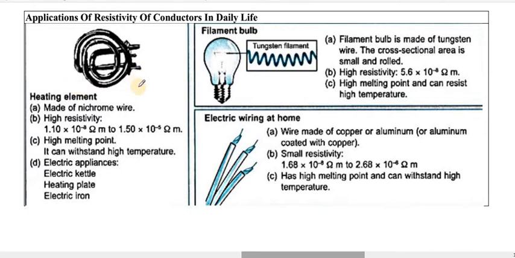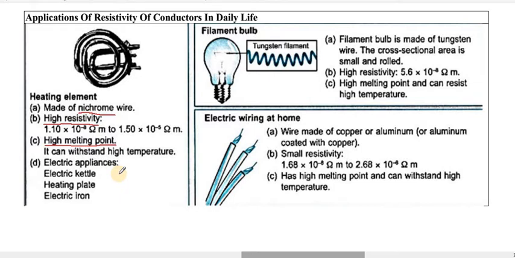So the best so far, the best material for heating element is nichrome. One of the reasons is because nichrome has high resistivity, and nichrome also has a high melting point, which is very important if you want to use the material as a heating element.